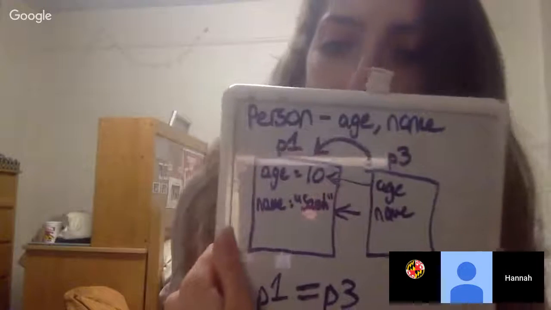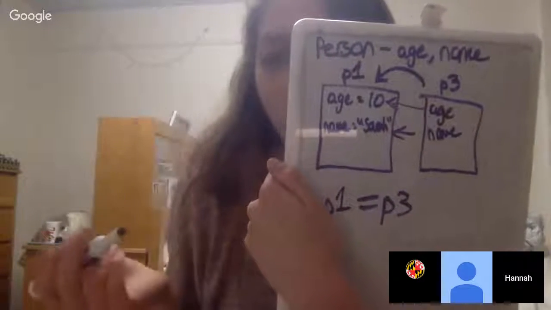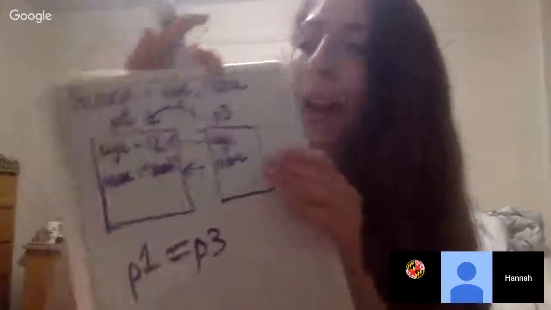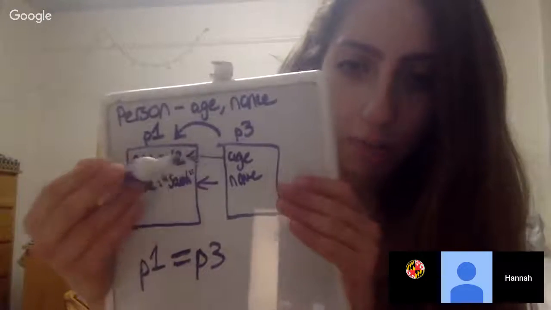So then that will make P3's age point to P1's age, and it will make P3's name point to P1's name. But then the issue with that is that let's say that we go and we delete P1, we set it to null, or let's say that we change P1's age to be equal to 12. Whenever we change something about P1, that will also change for P3.